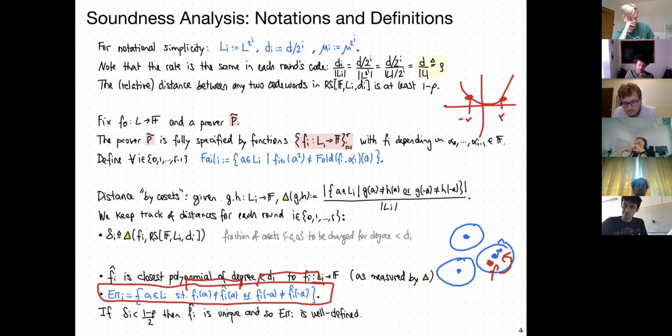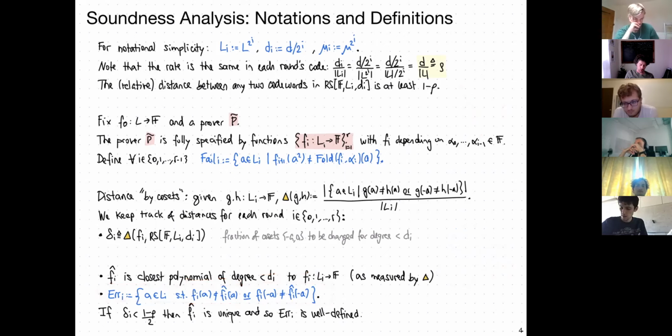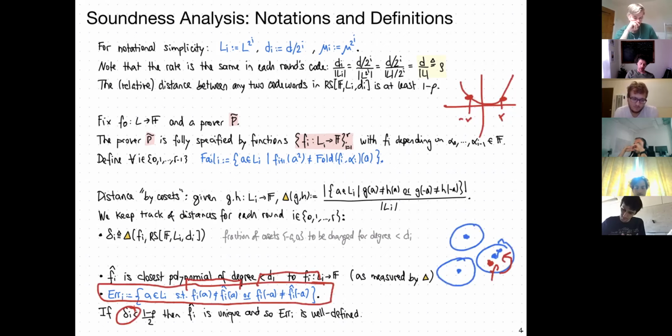So it suffices that it doesn't agree on the positive or on the negative part, and we still count that as a distance. Okay, so notice that if the distance at iteration i, delta i, is less than 1 minus rho over 2, which is like half the distance of the code, this is called the unique decoding radius of the Reed-Solomon code.